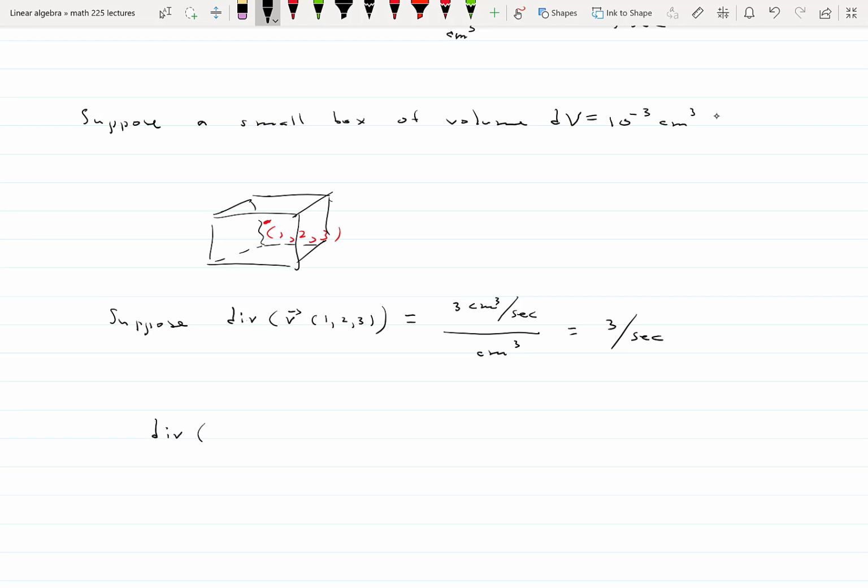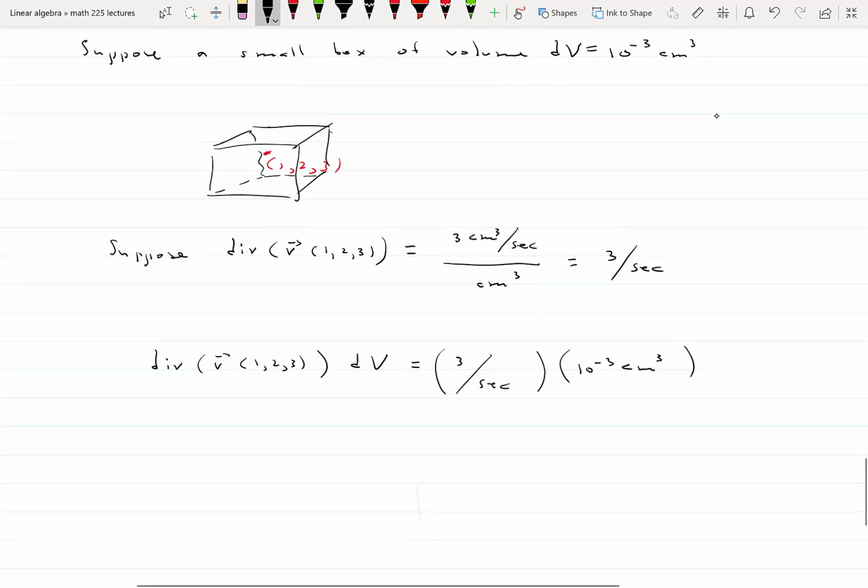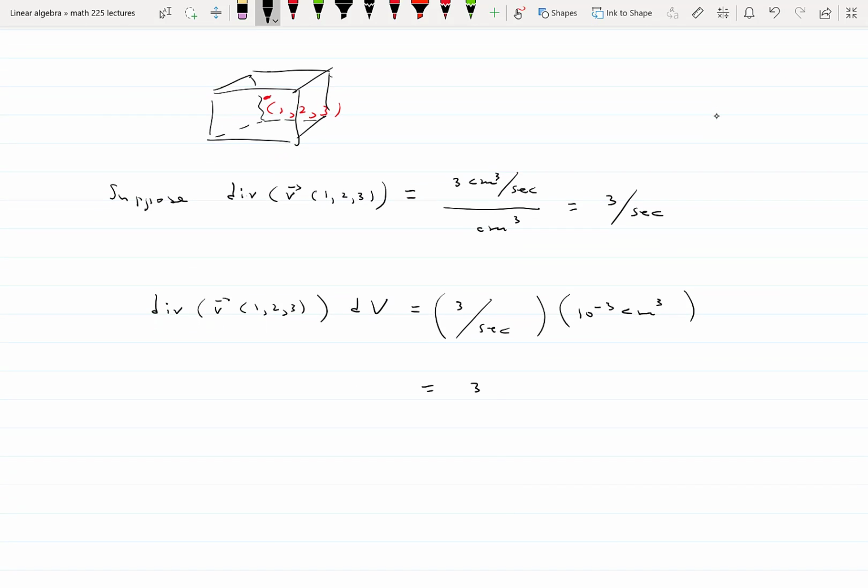Then what is the divergence of V at 1, 2, 3 multiplied by dV? It will be 3 per second times 10 to the -3 cubic centimeters, or 3 times 10 to the -3 cubic centimeters per second.